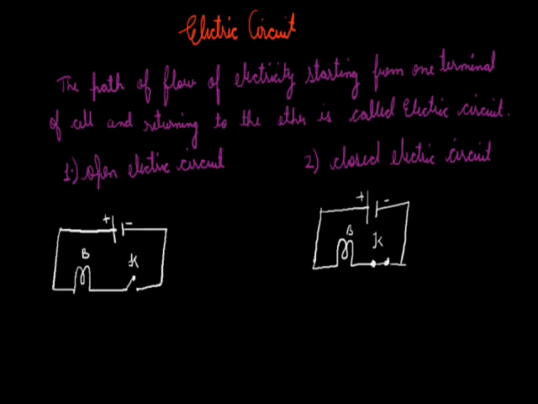So in this case, the closed electric circuit, the bulb glows. So these are the two electric circuits depending upon the key which has been used in the circuit. So here we complete electricity and its basic terms related to it. In the next class we will study electrical conductivity.